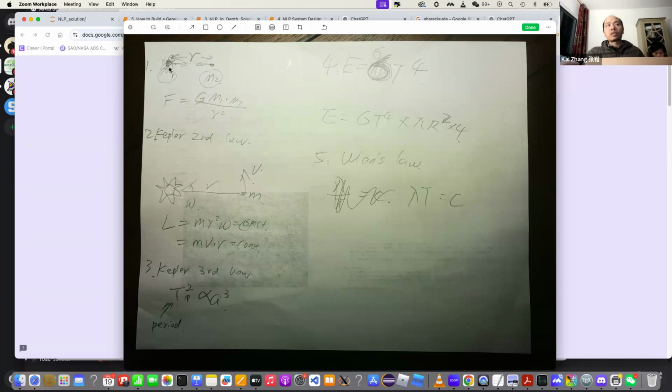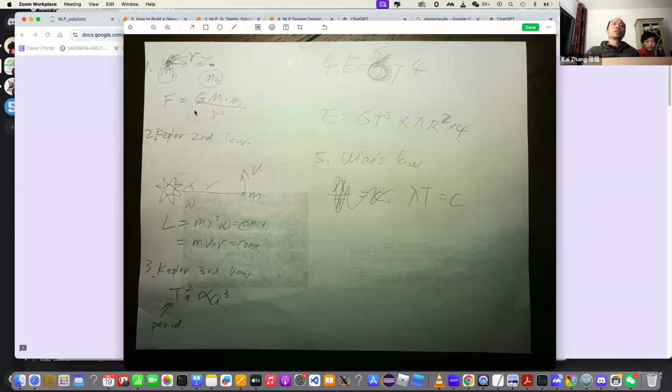So F equals G, where G is a constant that is universal all across the universe, M1 is the mass of the first object, and M2 is the mass of the second object, divided by R squared.